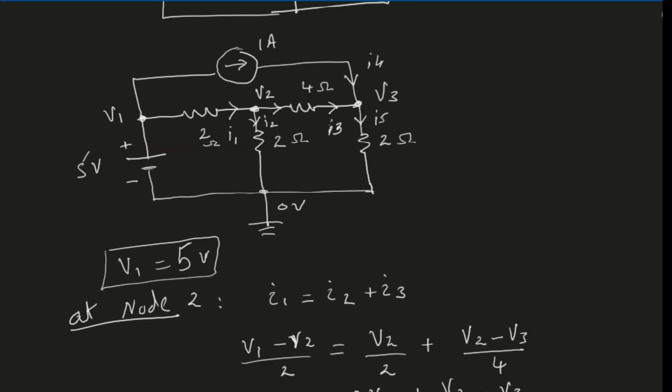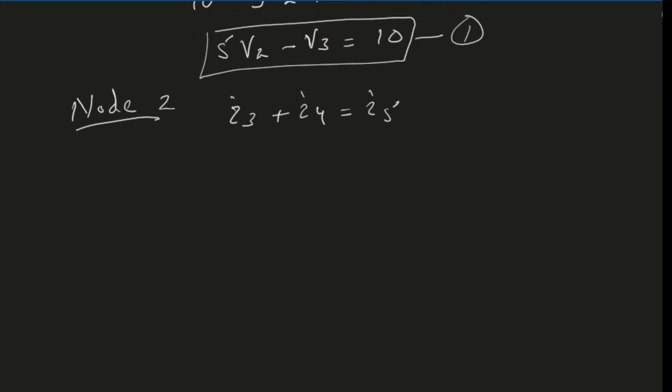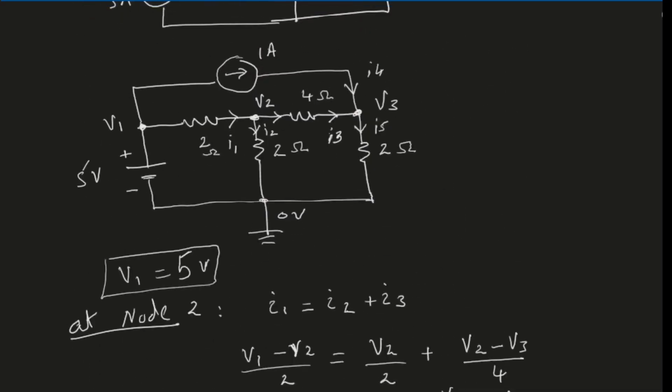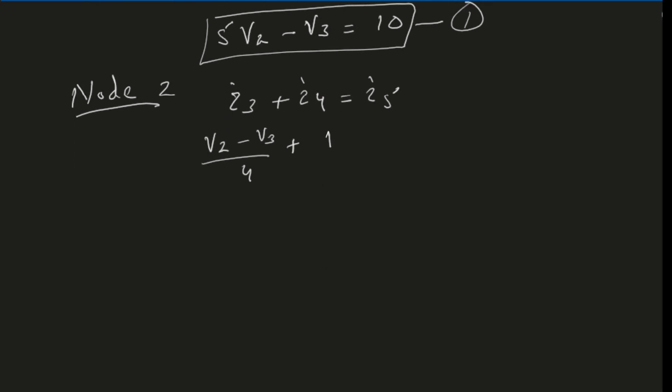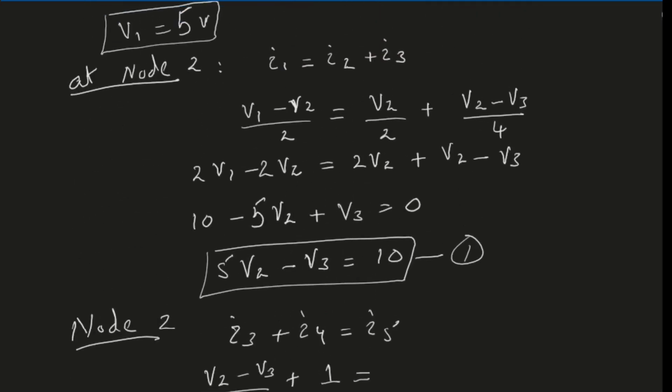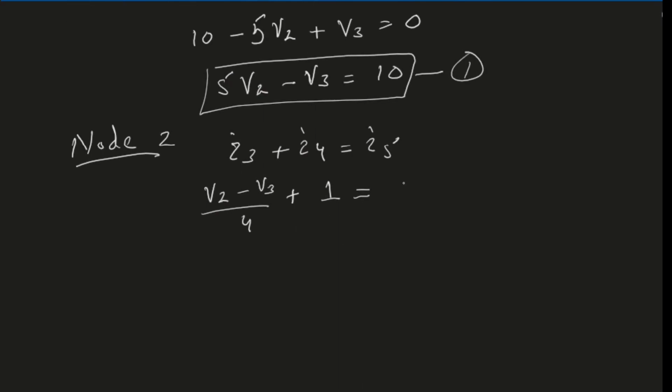So I have to do V2 minus V3 divided by 4. I4, on the other hand, is a constant current, which is 1 ampere. So we have 1 over here, and I5 is equal to V3 minus 0 divided by 2.